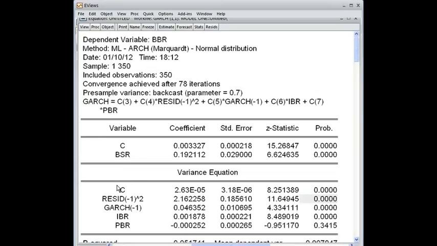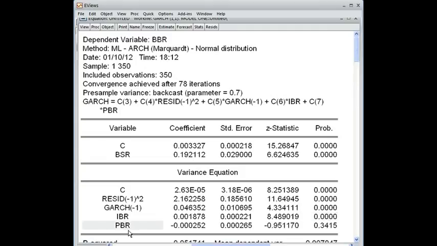Then the second one is the GARCH term. Is it significant? Yes, because the p-value is less than 5%. And what about IBR, the exogenous variable in the variance, the Indian bond return? Is it significant? Yes, because the p-value is very small, less than 5%.